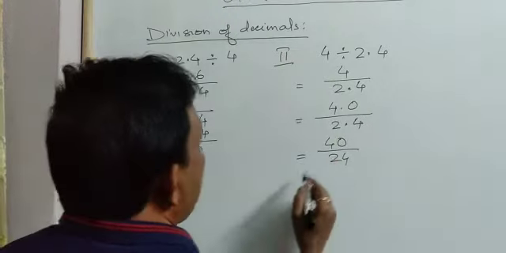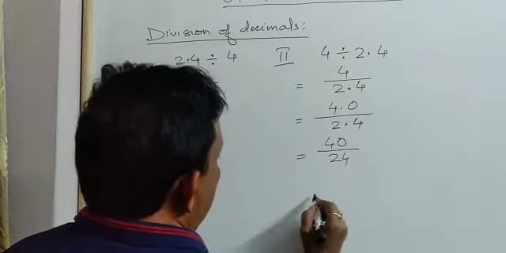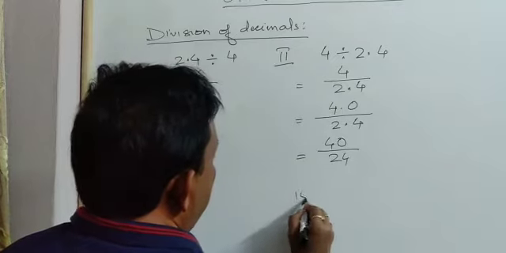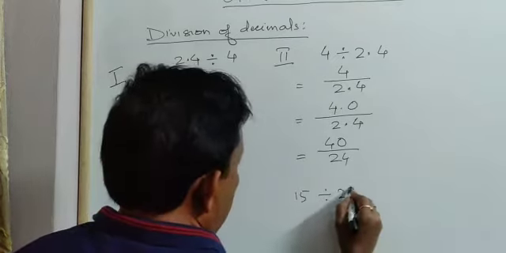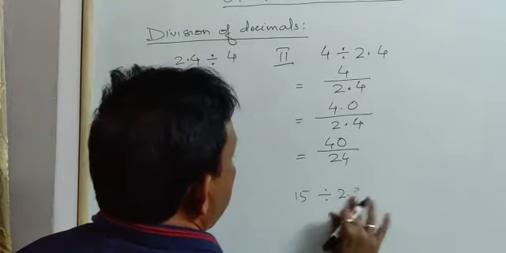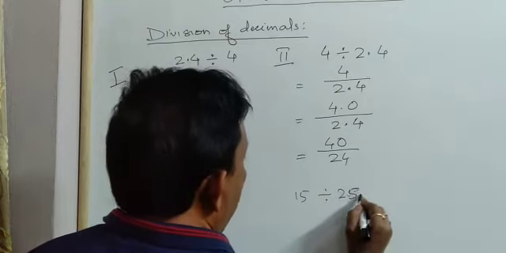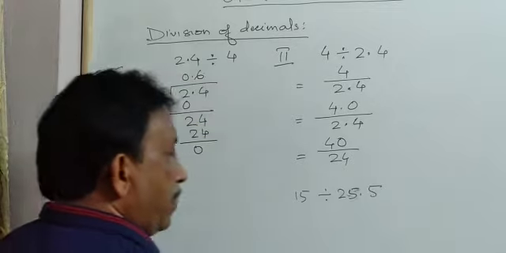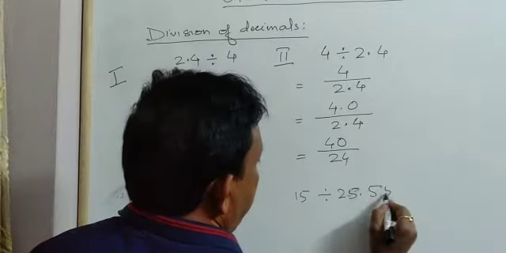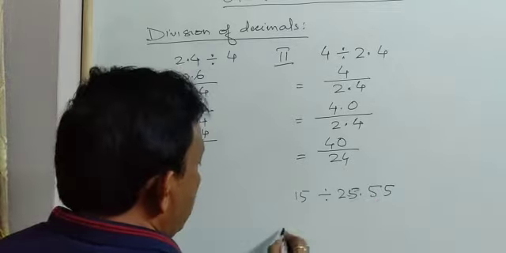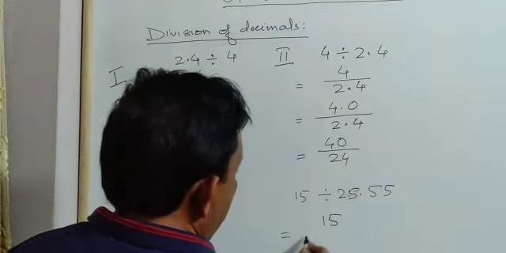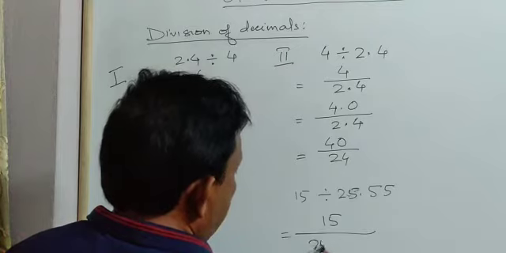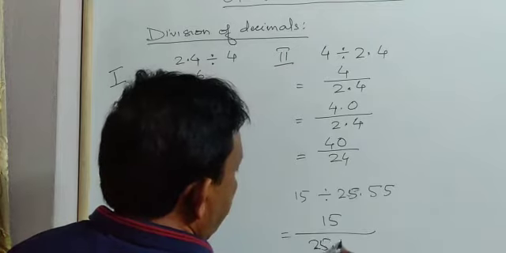Alright, now let's take one more example. Suppose say 15 divided by 25.55. How will you divide this? You will write 15 divided by 25.55.